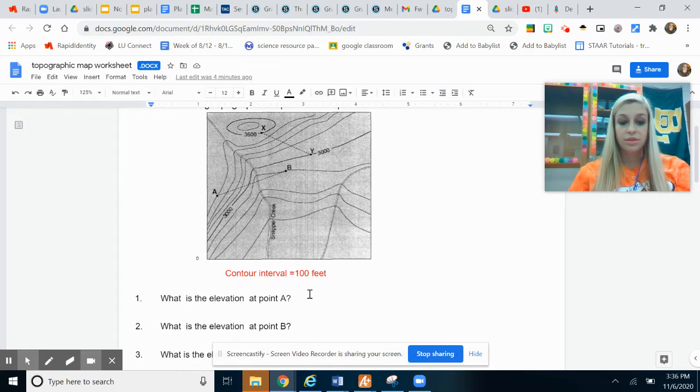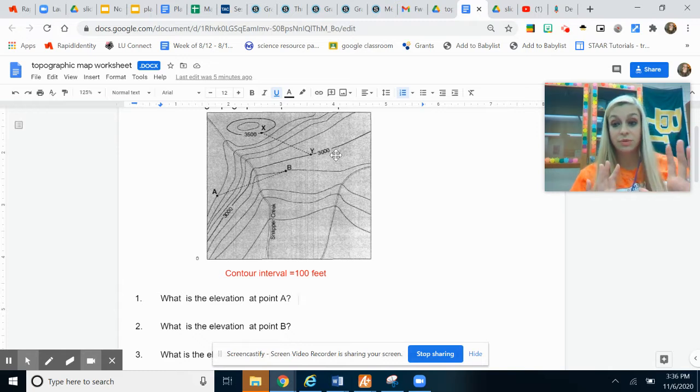So the first question says, what is the elevation at point A? Well, I would find that out by finding a dark labeled line. There's two ways. I'm going to do it both ways because it depends on how your brain works, which way makes sense. So if one of them confuses you, then ignore it. Only listen to the other one. So this line right here is 3,000.